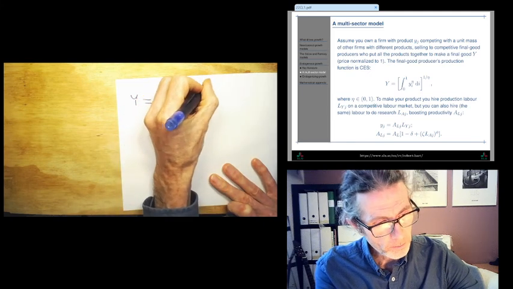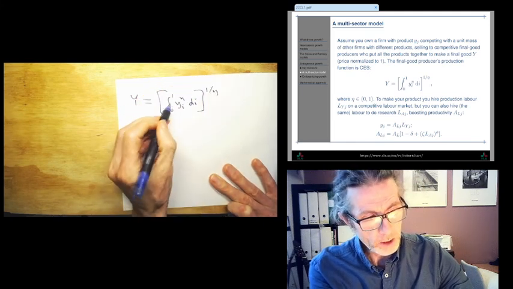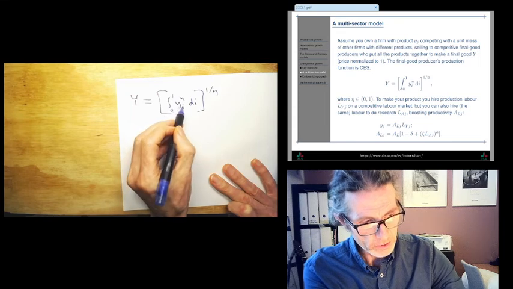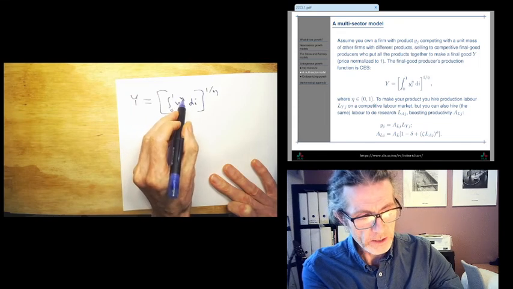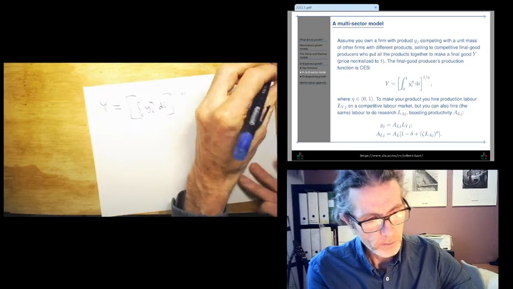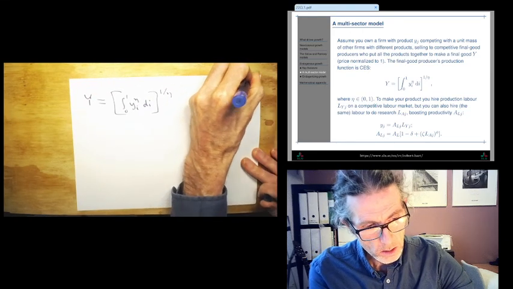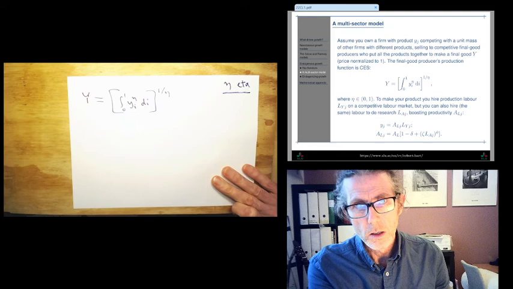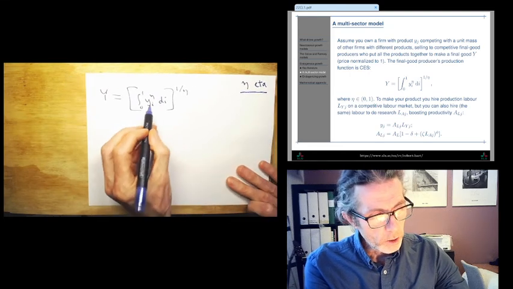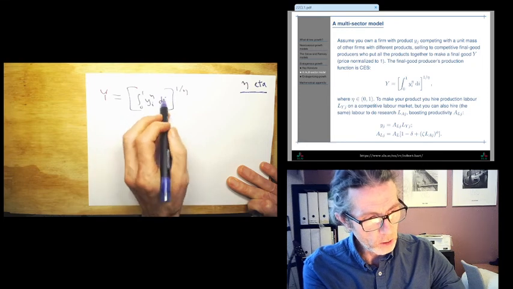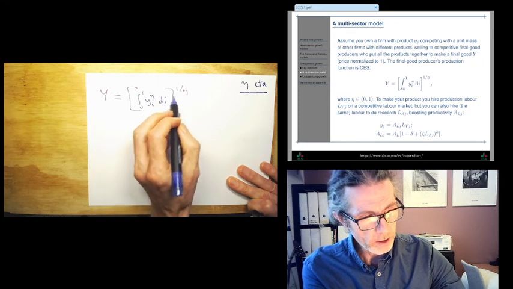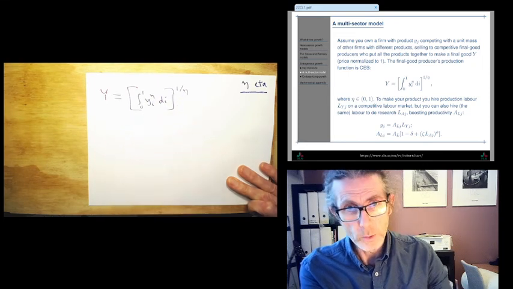We've got, remember, an integral, you can think of it as a sum of lots of different inputs, with each input raised to the power eta, and then the sum of all these inputs, each raised to the power eta, is then raised to the power 1 over eta.